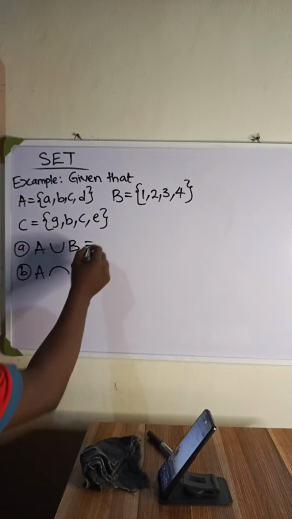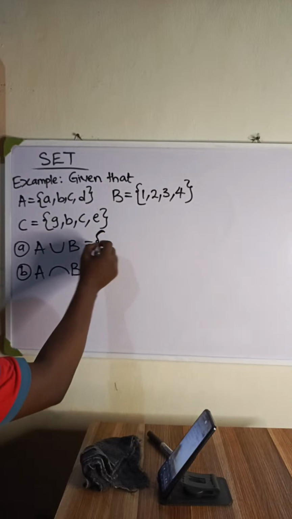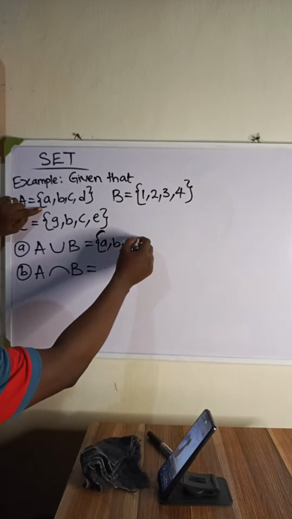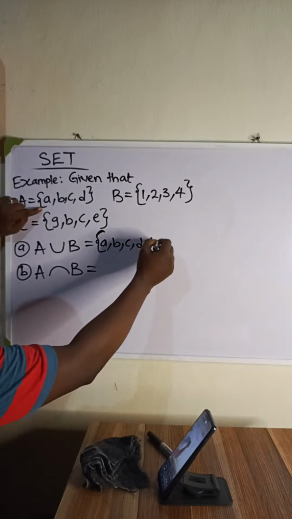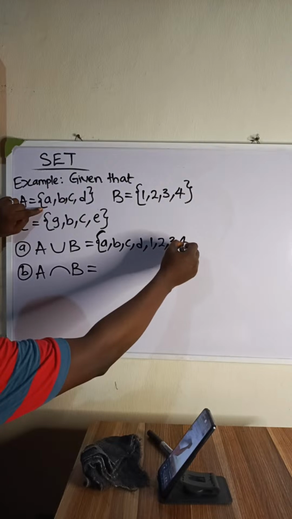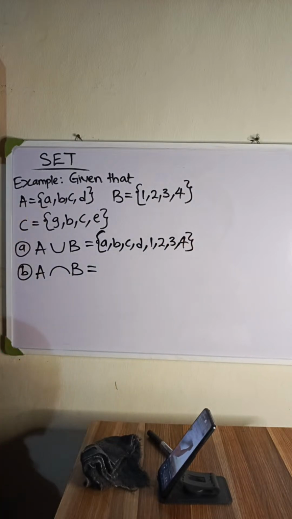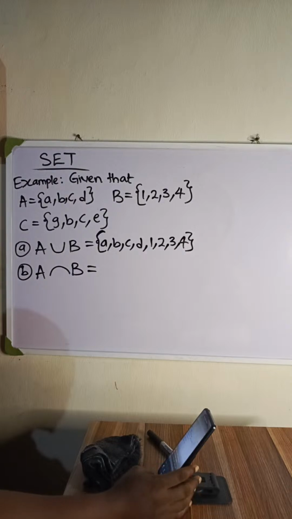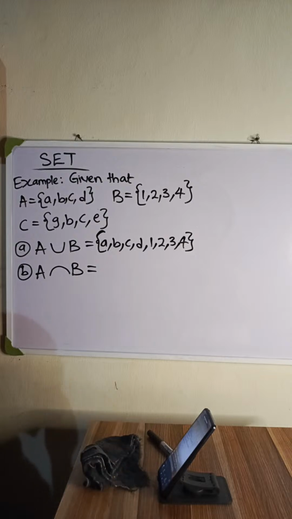So for union, we are going to have A, B, C, D, 1, 2, 3, 4. That's the union. You write all the elements that you can see in both of them.